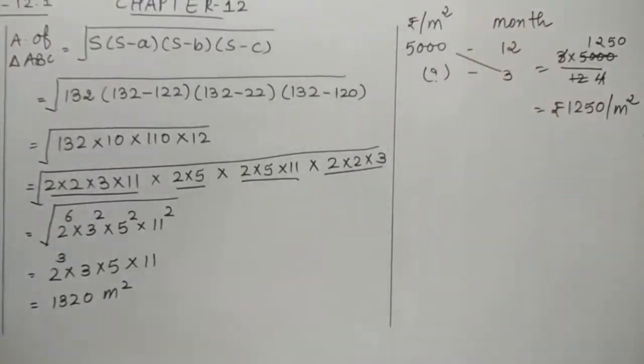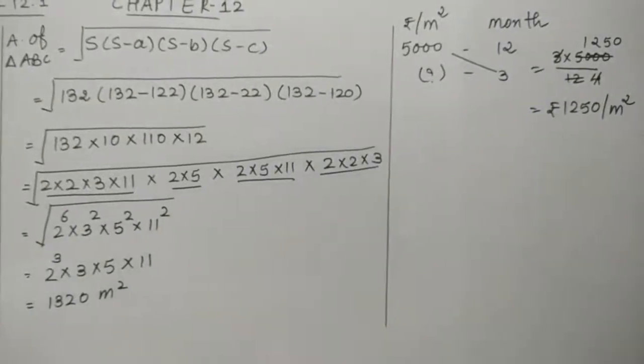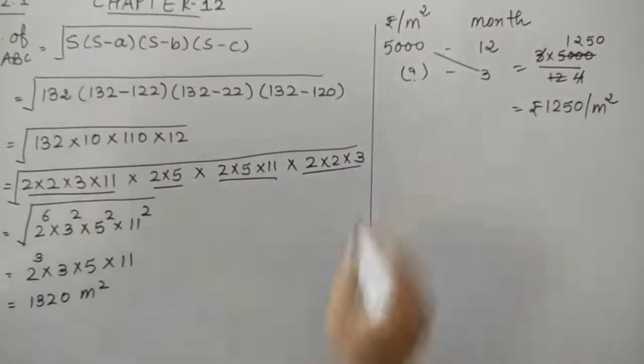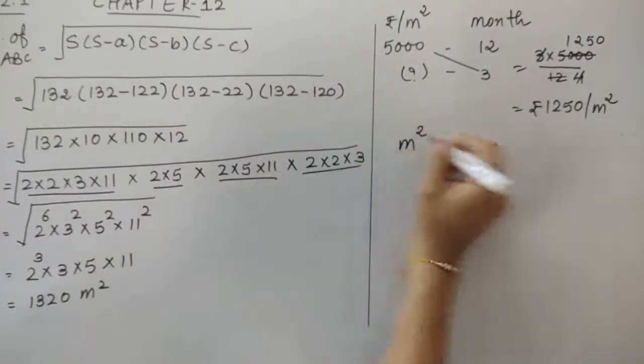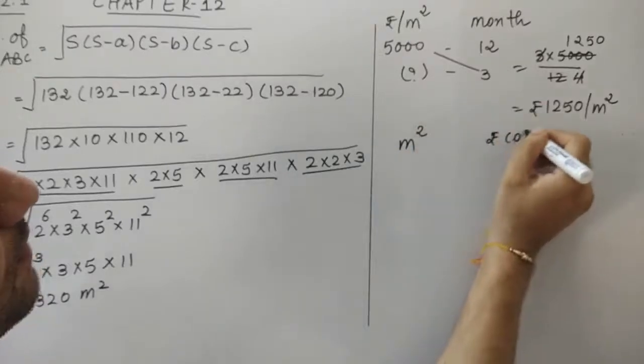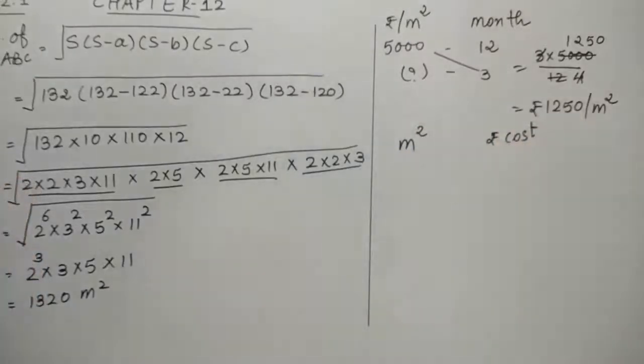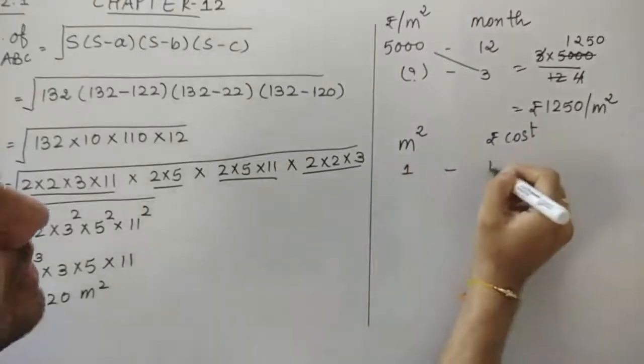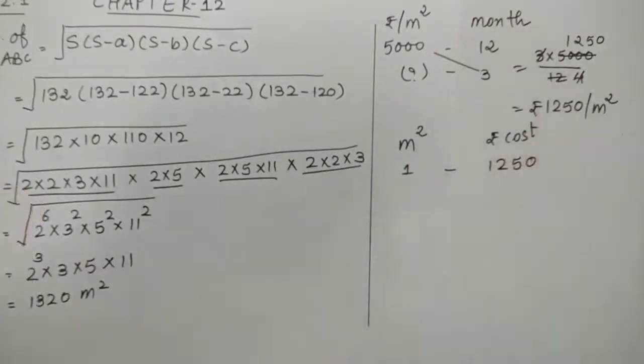As it is mentioned in the question that we have to find out the cost. मतलब ये कंपनी 3 महीने के लिए हायर कर रही है इसको. That is why we need to go for 3 months. Now we have the area. We have the cost per meter square. तो चलो ढूंढते हैं. The cost is 1250 per meter square.